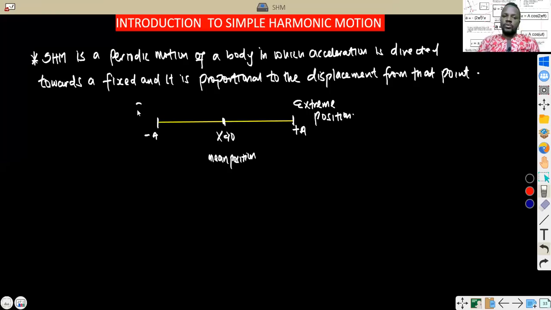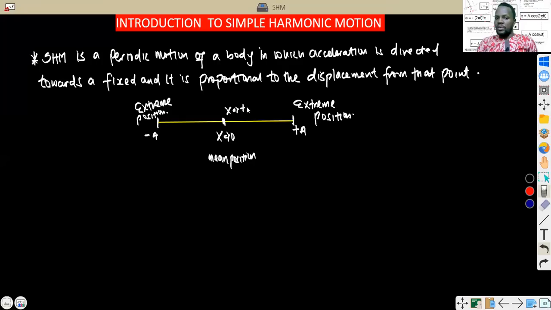Now, when a particle moves from its mean position to an extreme position, let's say this particle is moving from this point and covers a distance to a general point, it gains a particular acceleration. As the body moves from one point to another in to and fro motion, the acceleration of the body is related to the displacement. So the body at this mean position has accelerated and moved to a particular point here, and it has gained an acceleration.